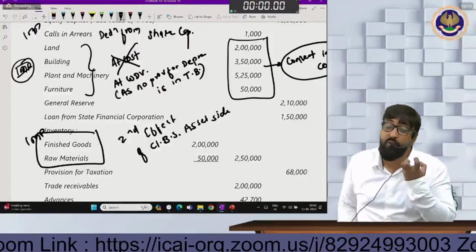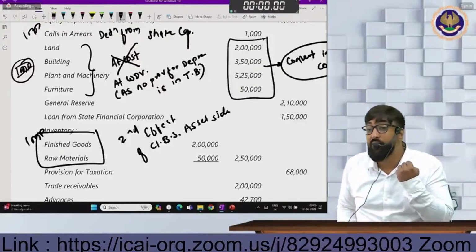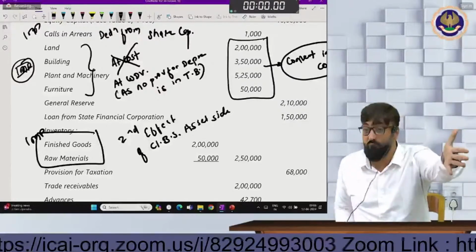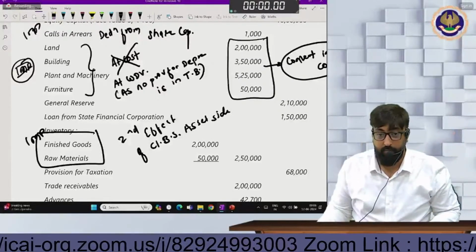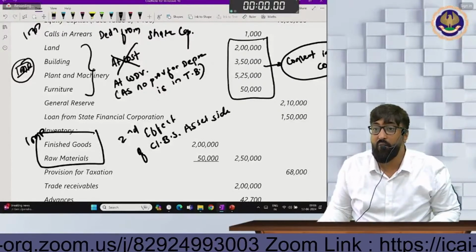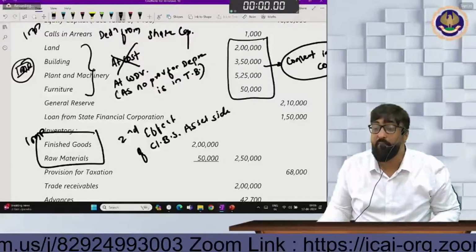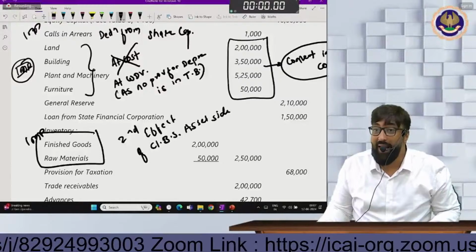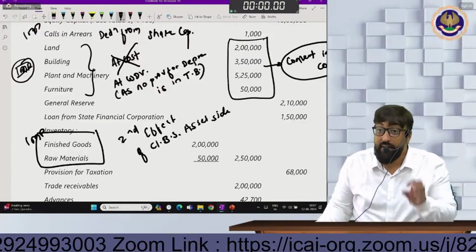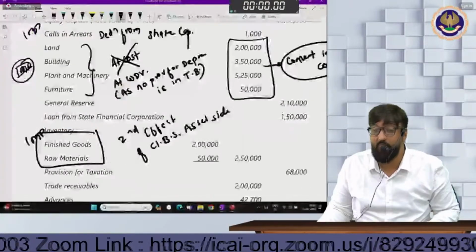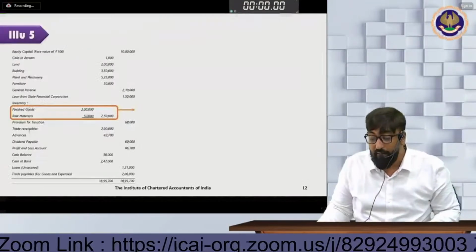See students, you have to read your trial balance very carefully because P&L is already closed. And when P&L is already closed, try to understand this concept: your P&L balance is a closing balance here, because nominal accounts are not appearing in the trial balance.